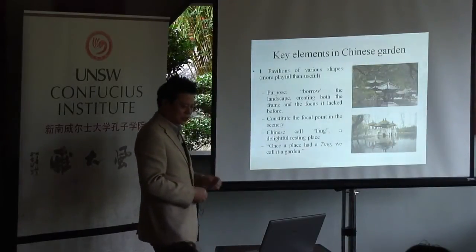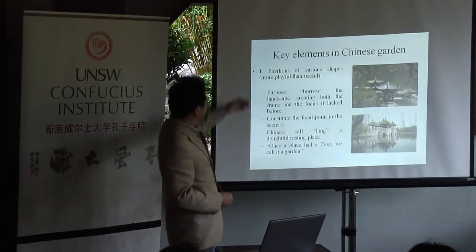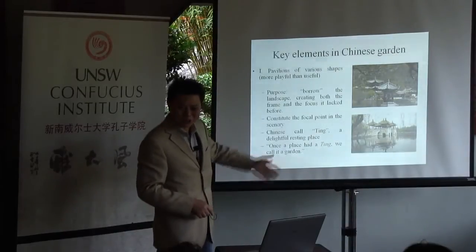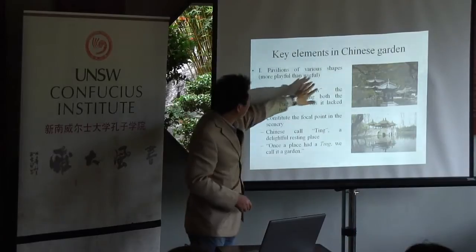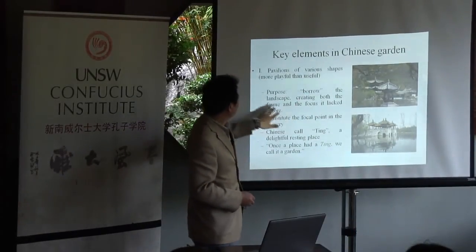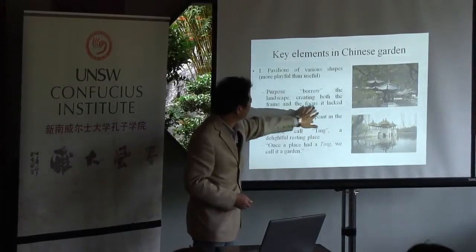Key elements in the Chinese garden. I think the first speaker will talk about the Chinese garden elements: pavilions of various shapes. The purpose is to borrow the landscape, creating both the frame and the focus.